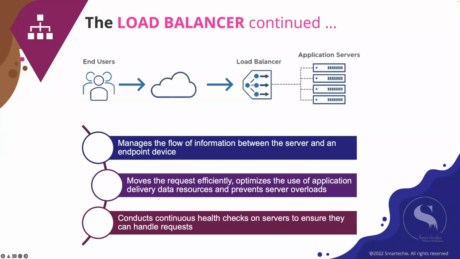If we add a load balancer into the system, let's see how it really works. In this particular picture, if you notice, we have added a new component to our system called the load balancer. It's placed between the user and the application server, right? You may also notice we have increased the number of servers from 1 to 4.